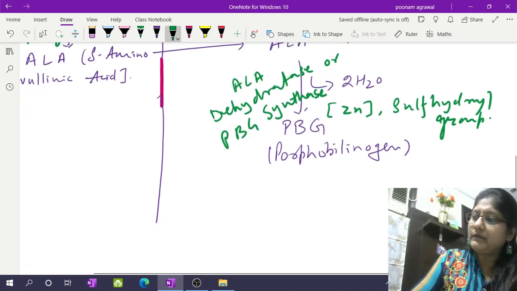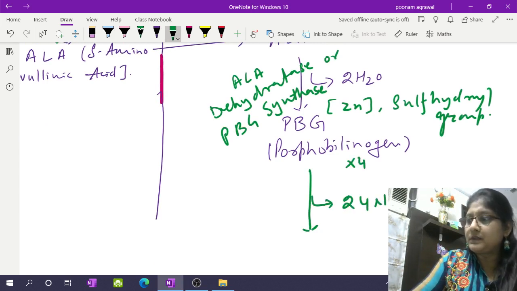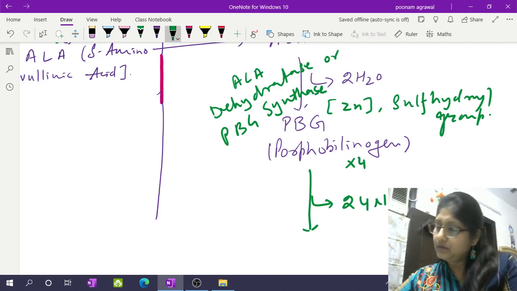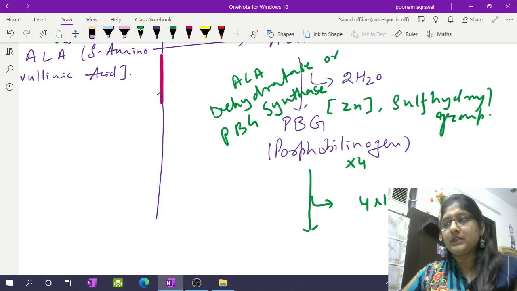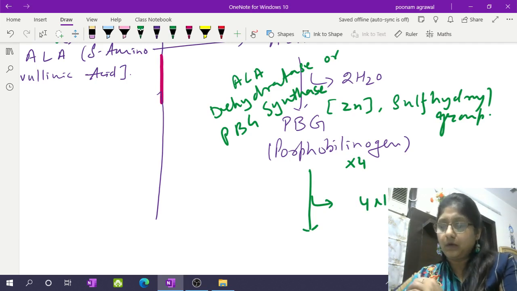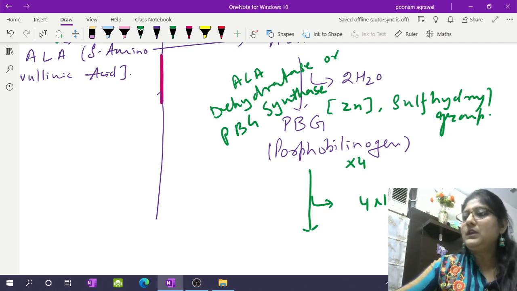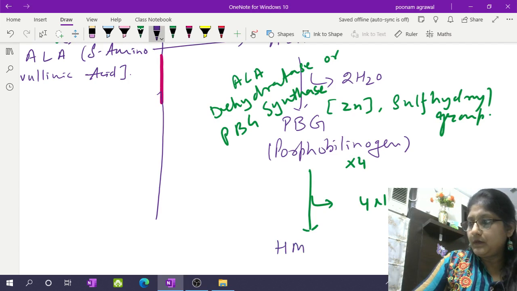In the next step, we require 4 molecules of PBG which undergo deamination, and the amino group is removed from all these 4 PBGs, and they link to each other in a head to tail configuration to form a linear tetrapyrrole, which is known as HMB. HMB is hydroxymethylbilane.